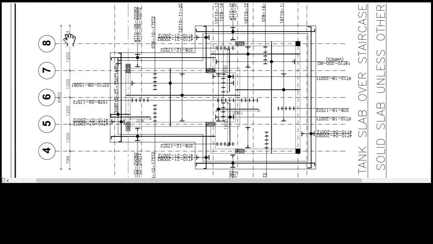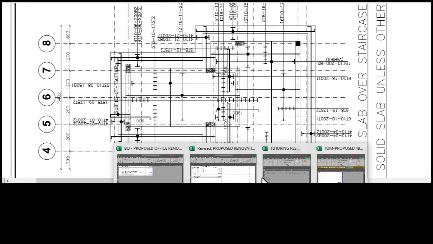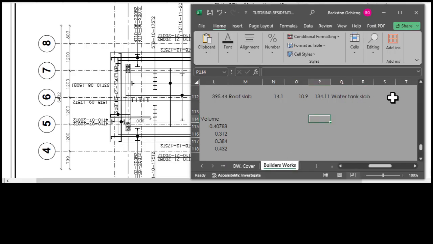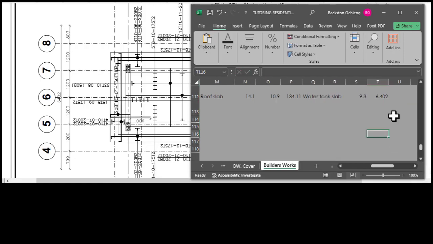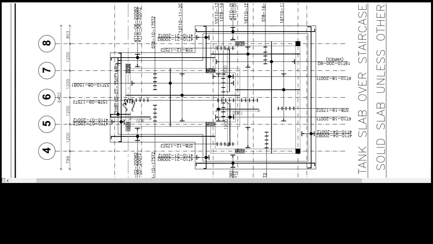Actually, it's including the 803, so that is well included. So this one includes everything. So this is 6.402. So this is 9.3. We multiply by that, we get 59 square meters.